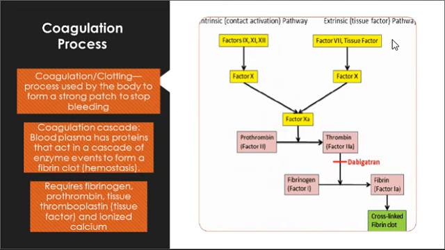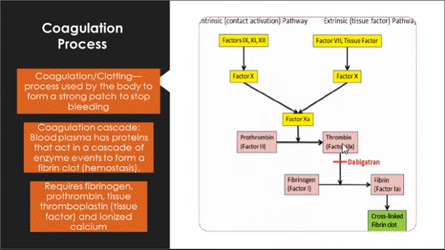The platelets in the injured tissue release thromboplastin, which initiates the formation of prothrombinase in the blood. With calcium, calcium ions convert this inactive protein into an active protein right here called thrombin, or prothrombin into thrombin.